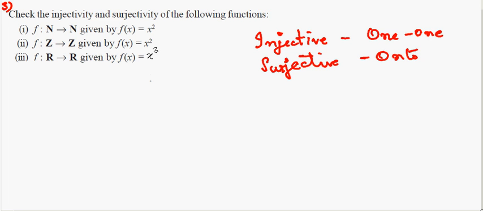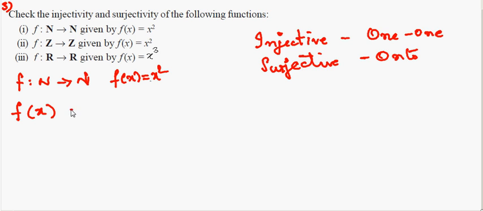So injectivity and surjectivity. If I take a function, for example, f of x, where the relation is between natural numbers, here f of x is equal to x square. Suppose I take two different values x and y. f of x is equal to x square and f of y is equal to y square.